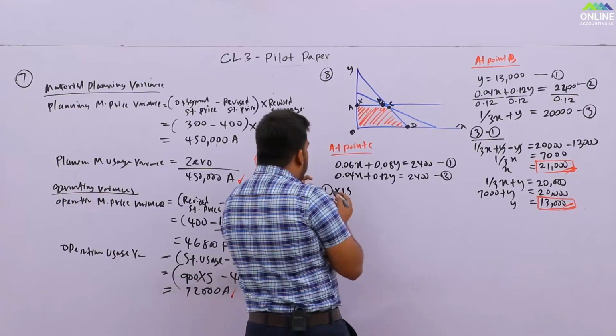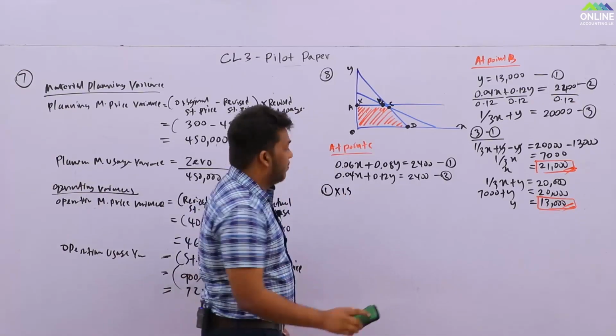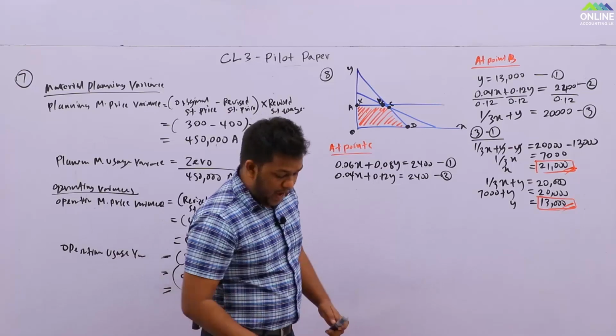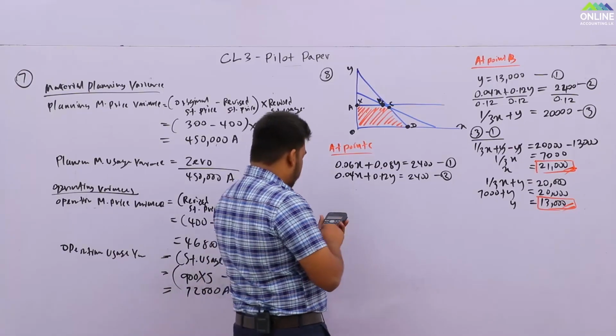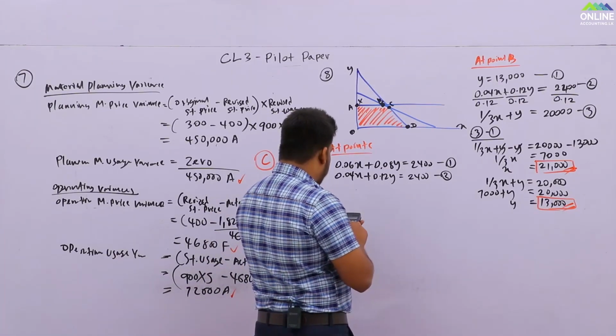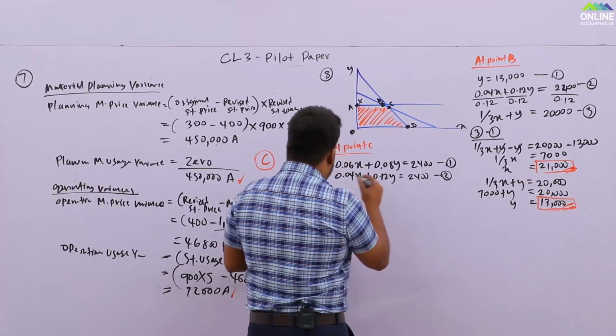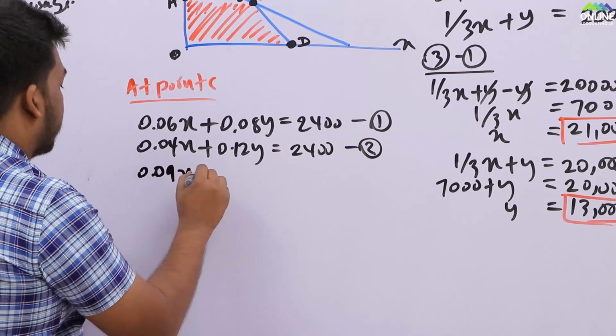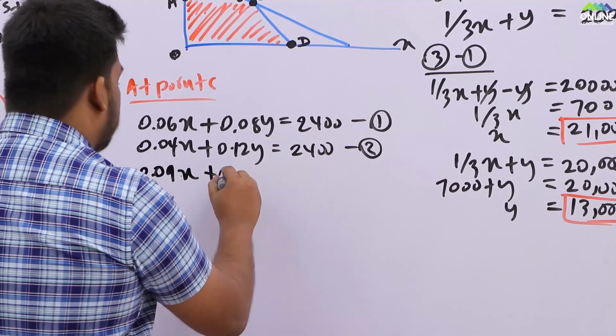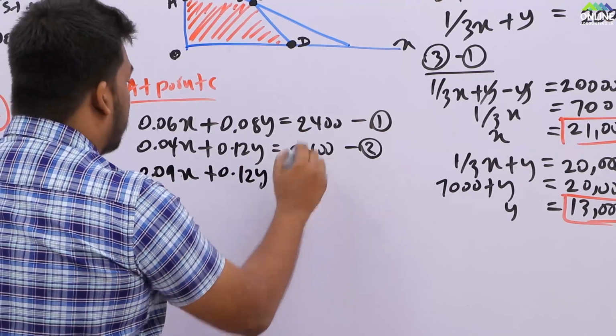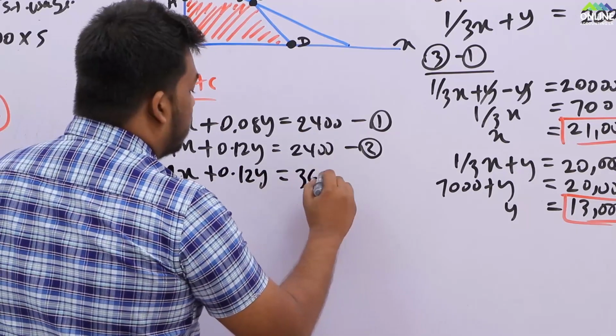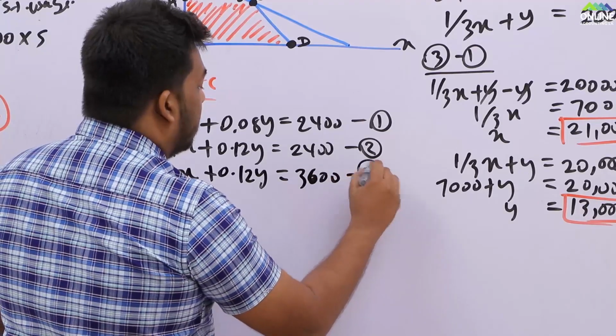Multiply this by 1.5, and this by 1.5. So 0.06 times 1.5 is 0.09x, then 0.12y, and 2400 times 1.5 is 3600. This is the third one.